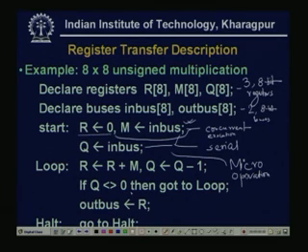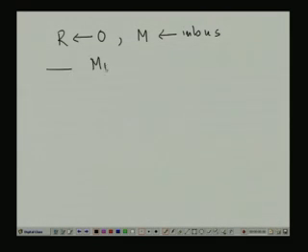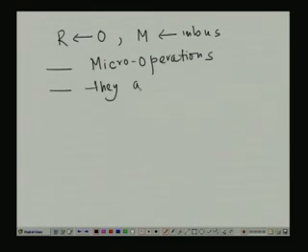So, first thing is 0 to R, or say M to in bus. These are called micro operations, and they are performed in 1 clock cycle.